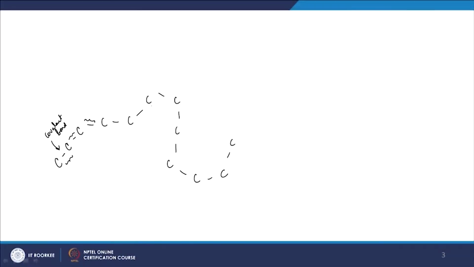Then between any three of these carbons, we have something known as the bond angle, which happens because there is a covalent bond here and there is a covalent bond here.